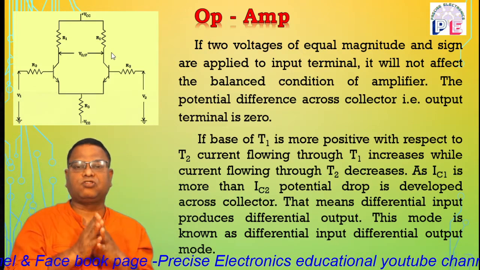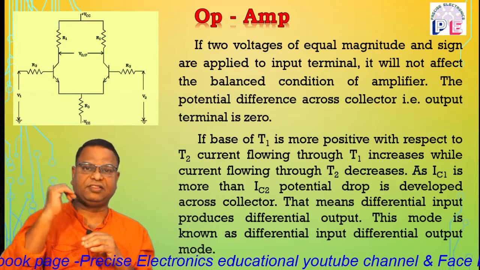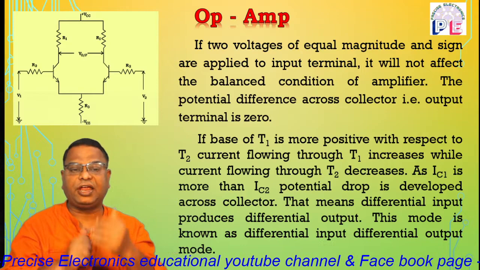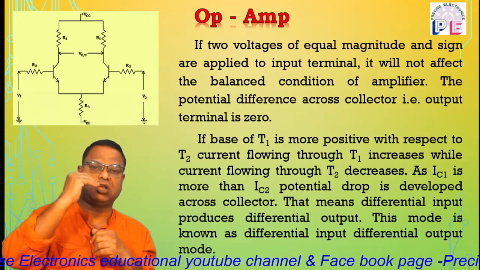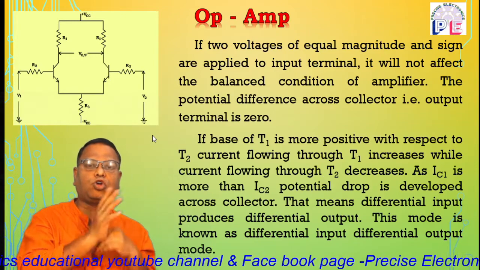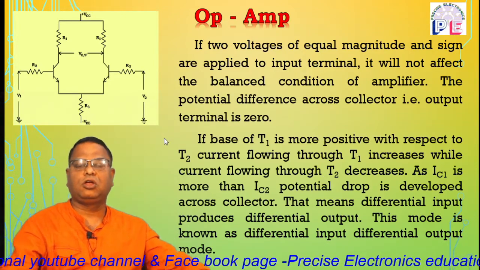This mode is known as the differential mode of the amplifier, and the signals applied to the transistors are known as differential input signals. The output is the differential output, so it is the differential mode of the circuit.